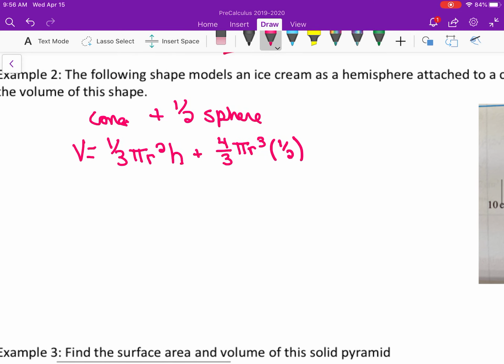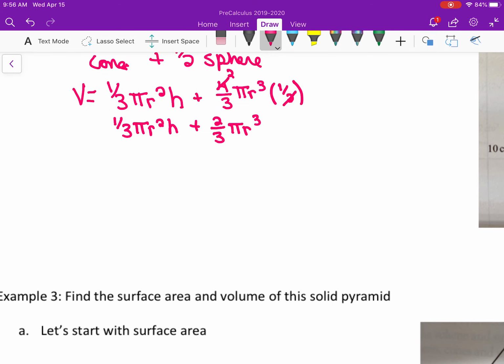All right, so just to clean that up a little, this is 1/3 pi r squared h, and this becomes 2/3 pi r cubed. But you could have gone ahead and done that out if you wanted to do it that way.